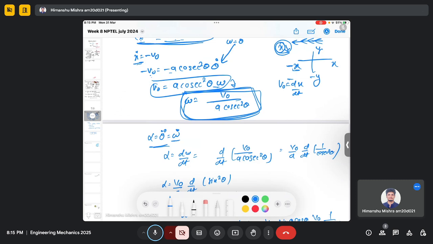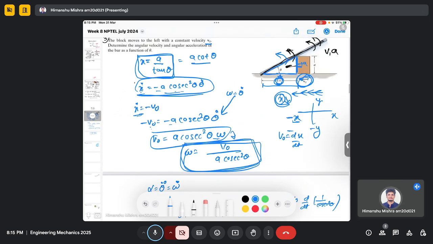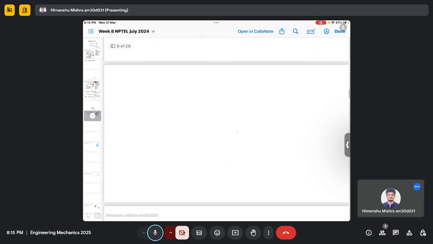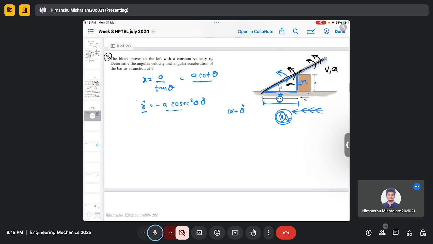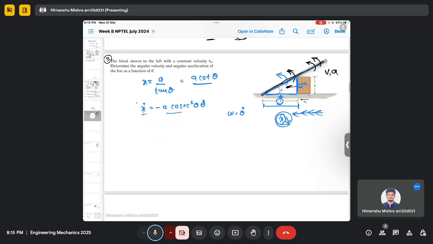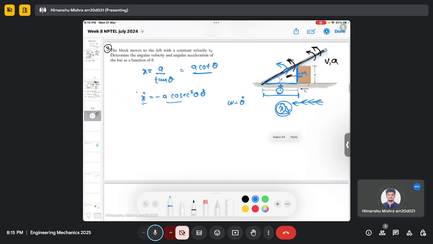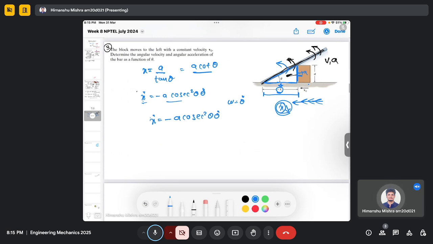So now to find the angular acceleration, either you can take a double derivative or again the derivative of this expression. So here you will get x double dot. Either you can take again the time derivative of this expression, or you can use the fact that alpha is omega dot.